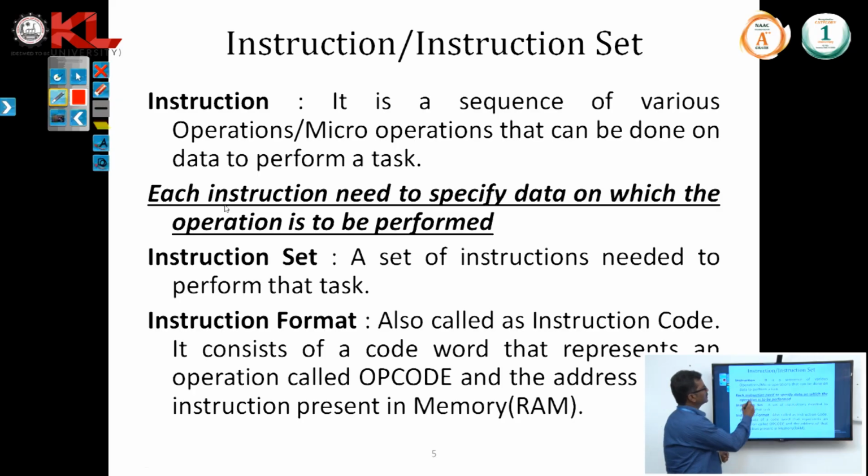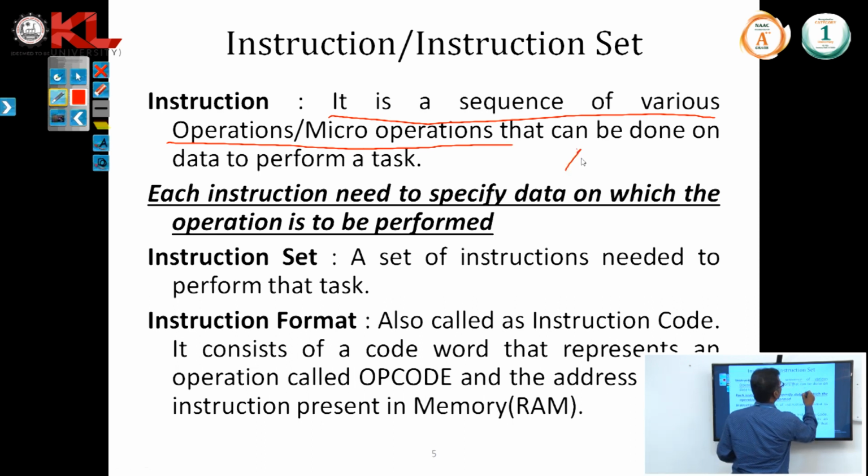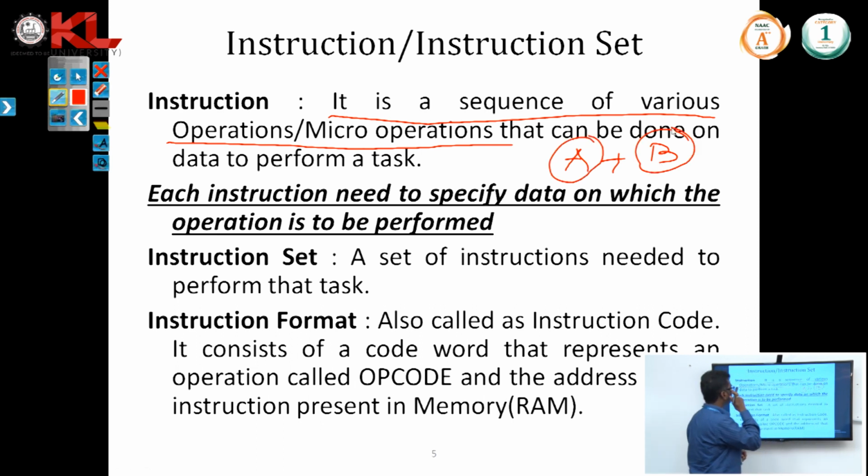Instruction: it is a sequence of various operations and micro operations that can be done on the data to perform a task. For example, if you want to add two numbers A and B, you are going to write A plus B. Here A and B are called the operands or the data, and this particular activity, the addition, is denoted by the operation.